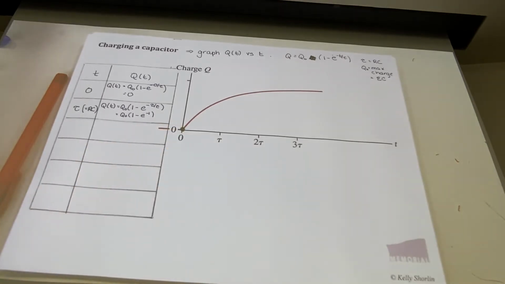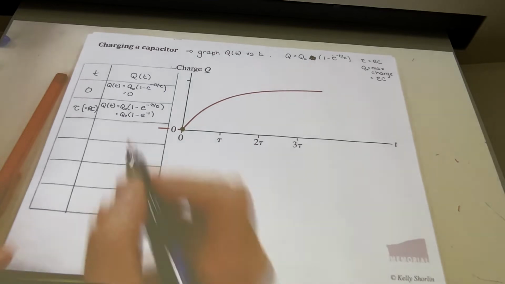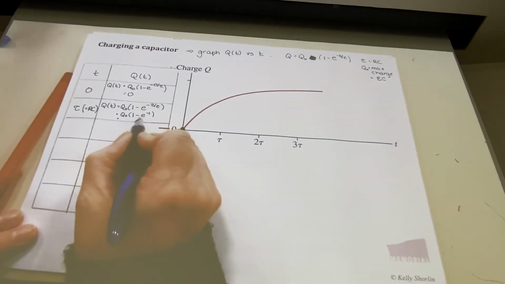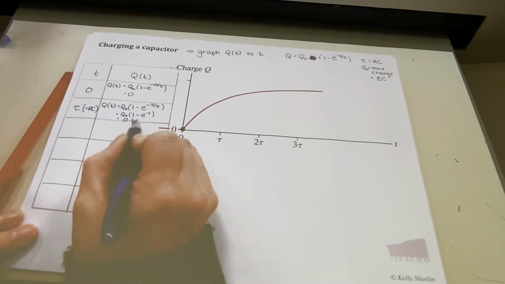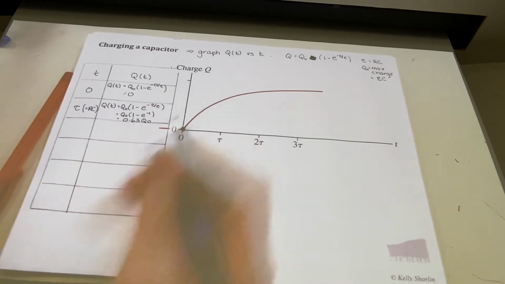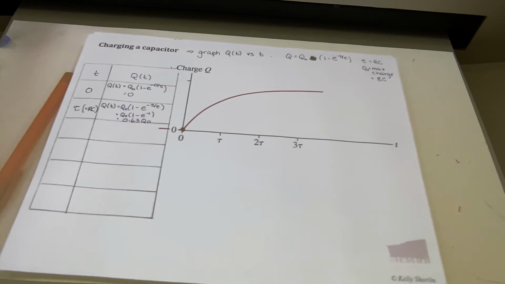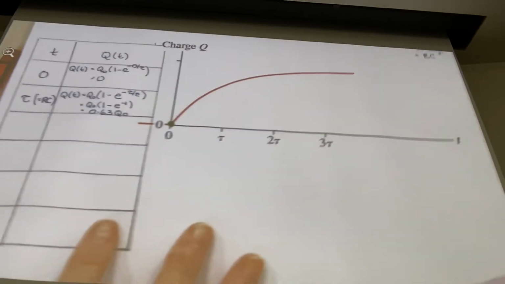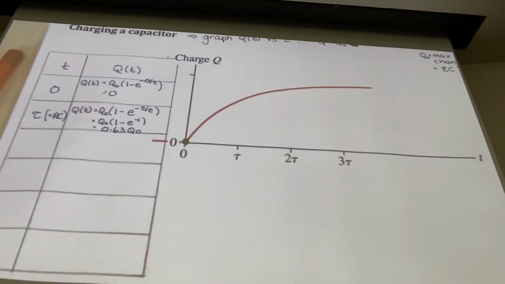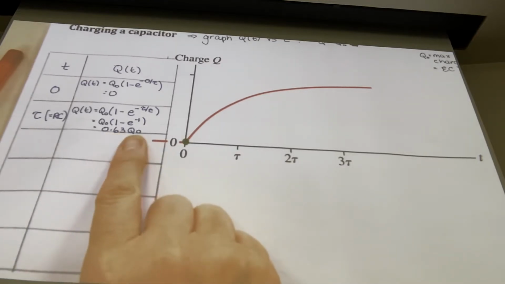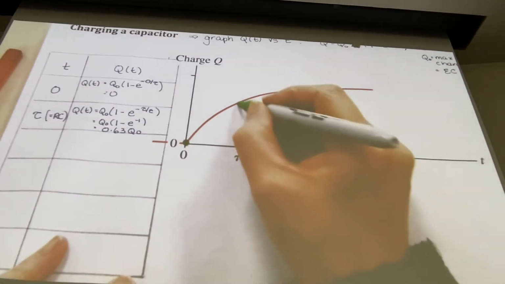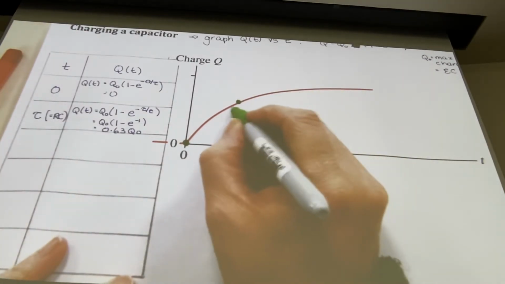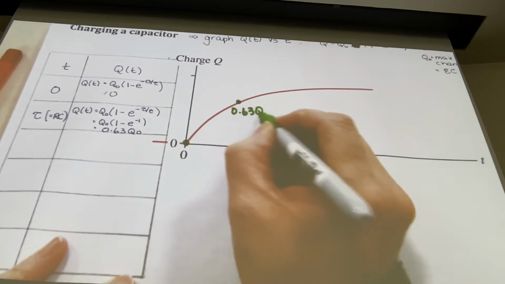That would be a thing you could figure out on your calculator. What you would find is that 1 minus e to the minus 1 is equal to 0.63. So after 1 time constant, our charge has increased to 63% of the maximum charge. Right about here, we're at 0.63 Q0.